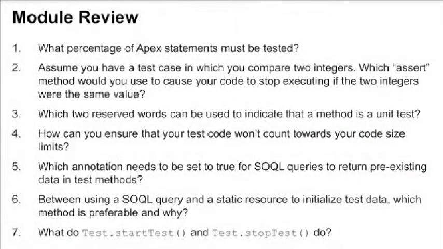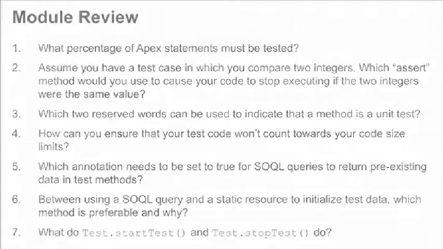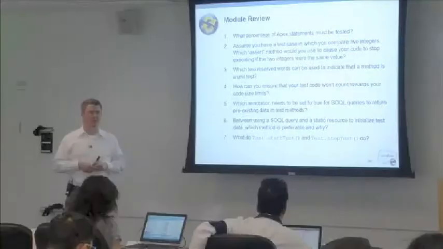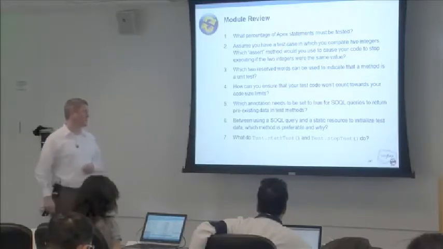What do test.startTest and test.stopTest help you do? They give you two sets of governor resources, and also one is for initialization and the other is for executing business logic. Exactly. So when we're testing the bulk readiness of our code, we get two separate allocations of resources, and that way we're doing a pure test of the utilization of our resources.